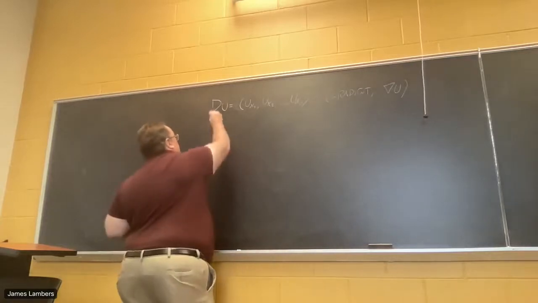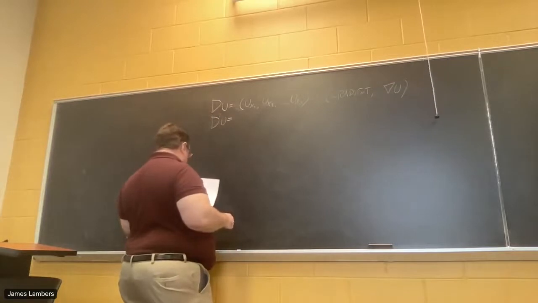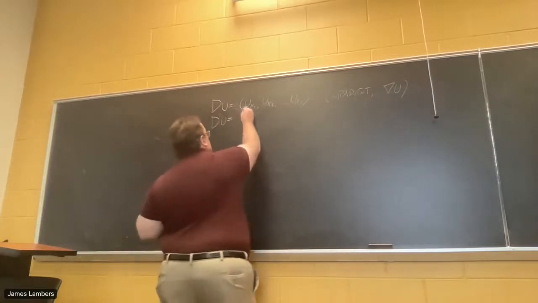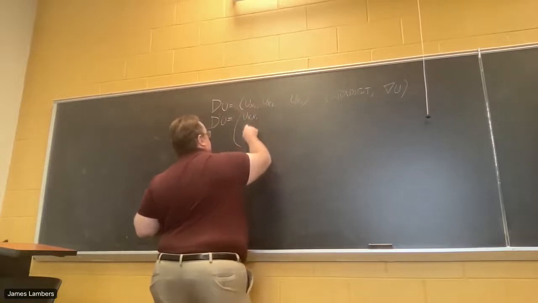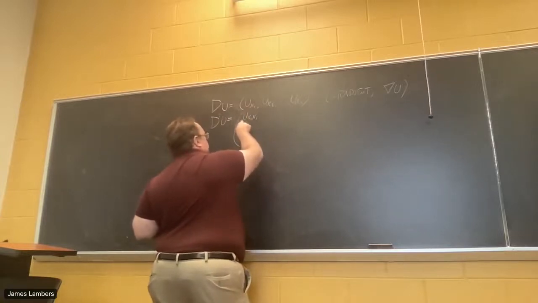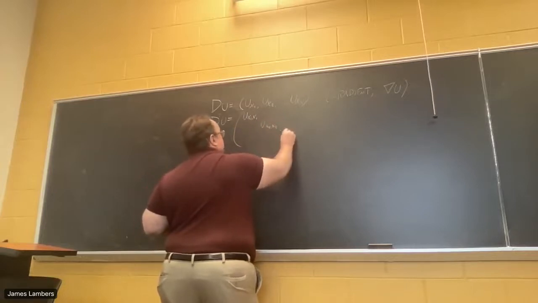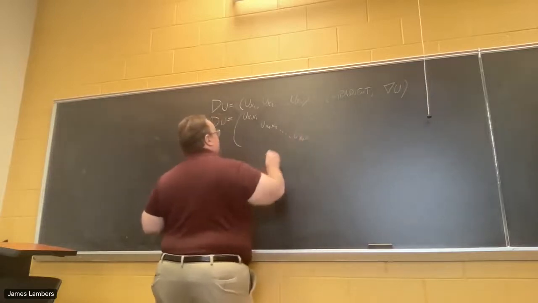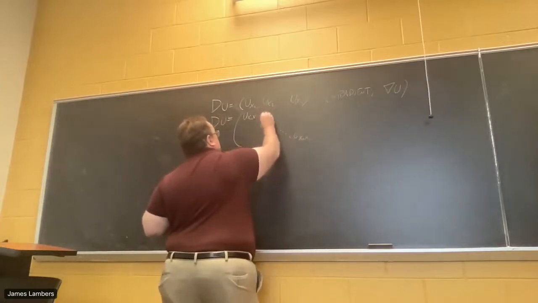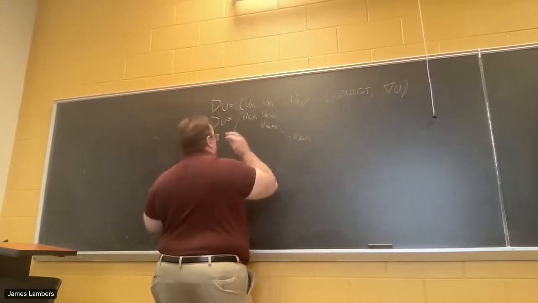And then the general second derivative applied to u is going to be a matrix consisting of all possible second partial derivatives. So here's the second derivative of u with respect to x1 twice, x2 twice, and so forth down the diagonal, and then the off diagonal entries will have mixed partial derivatives.